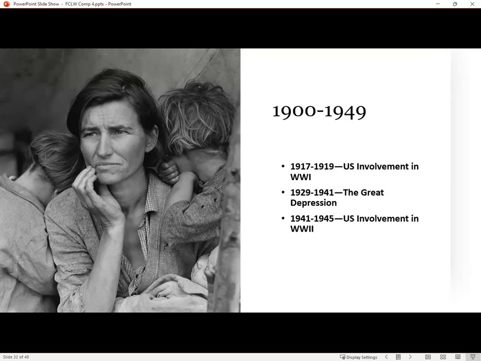So we have two wars and a depression, and some of these actually will be overlapping one another. I'm sure when the war started, it wasn't like the depression just disappeared. But these are just time periods that help us understand these periods.